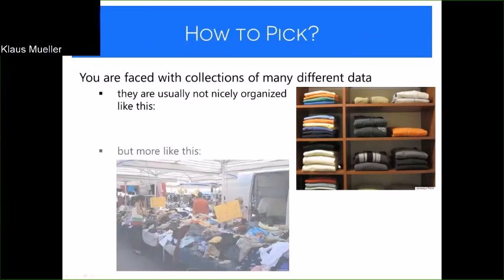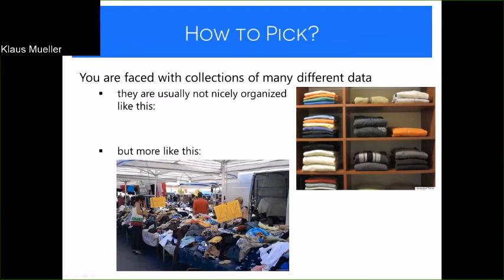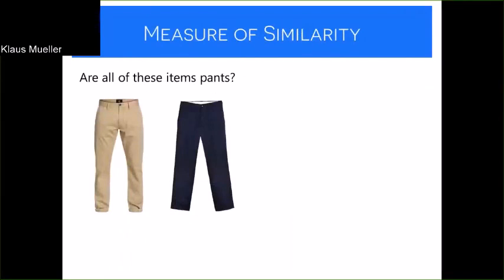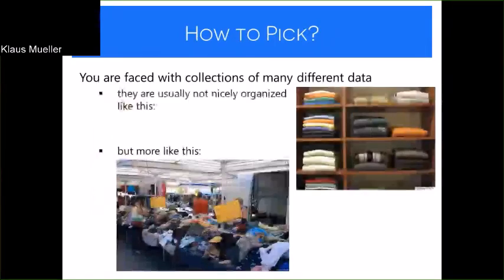Someone gives you totally disorganized data and you don't know how to pick them. So you have to come up with some sort of measure to compare these data points, in this case these clothing items, so you can start binning them nicely on a shelf. You have to figure out which are the sweaters, which are the pants, and so on, and bin them.